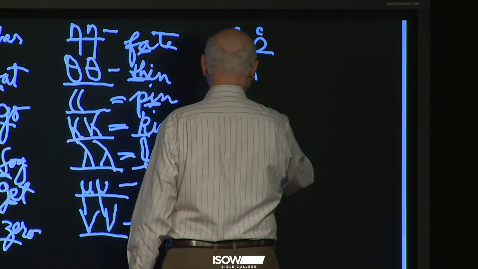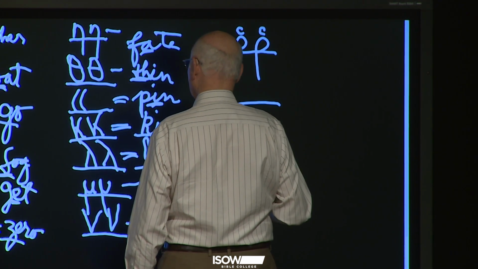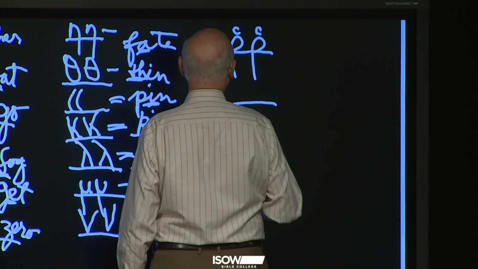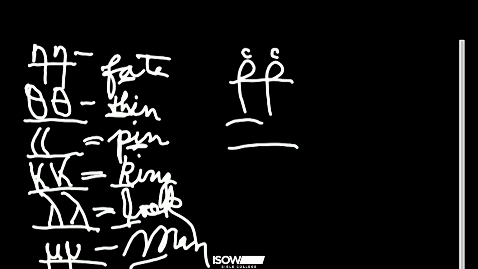The next letter is the pi. It is formed by forming a line up above and then putting two legs on it.